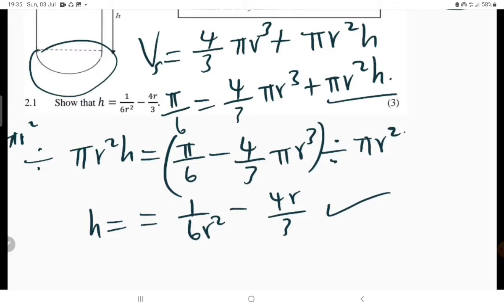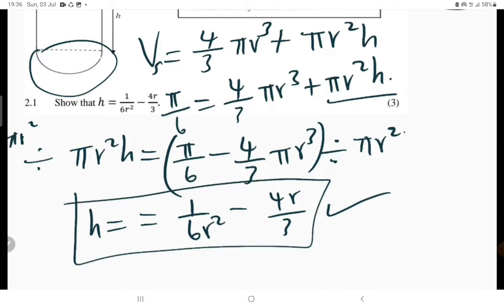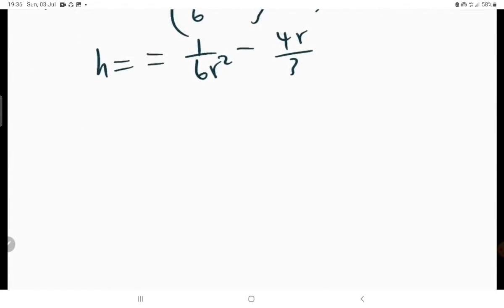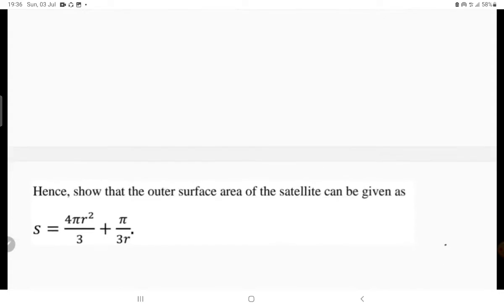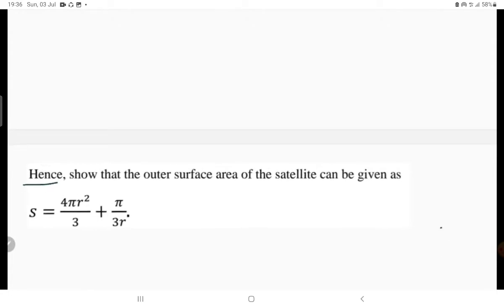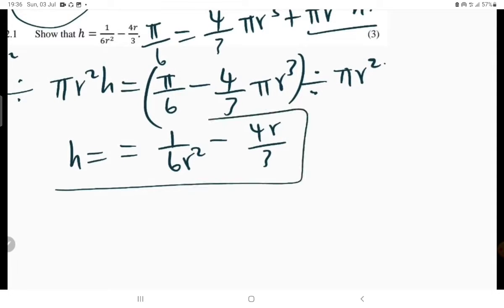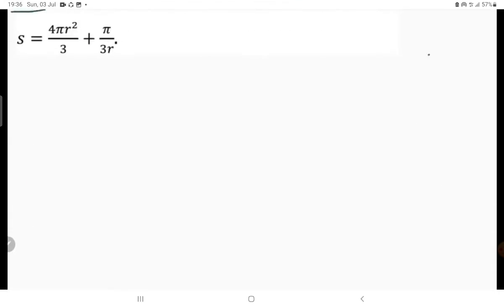Then moving to the next question, because now we have shown that h is equal to that, which is what was required. So the next question says, hence, which means you have to use what you found in the previous question. You have to use this h to answer this question.